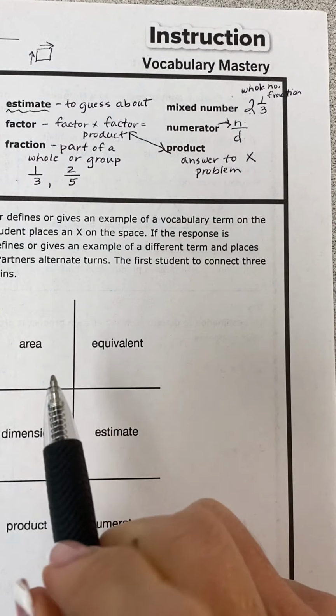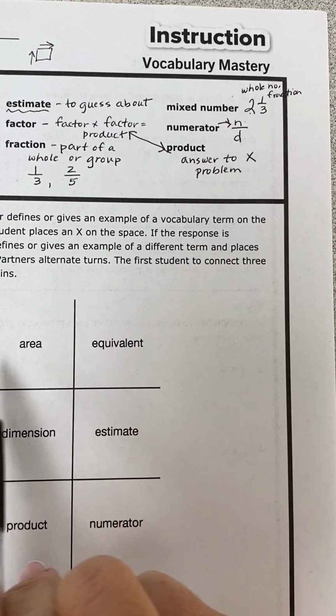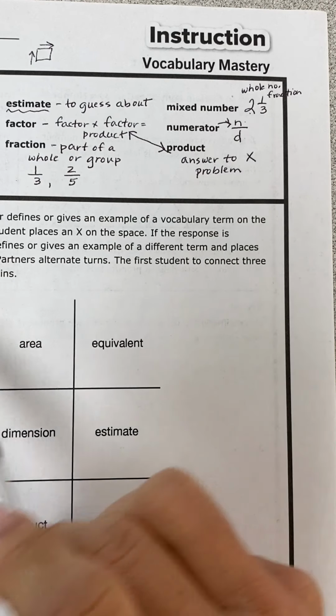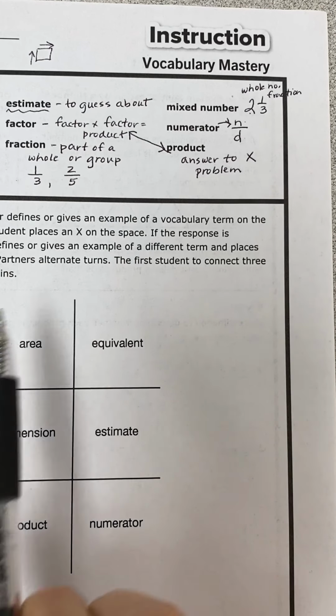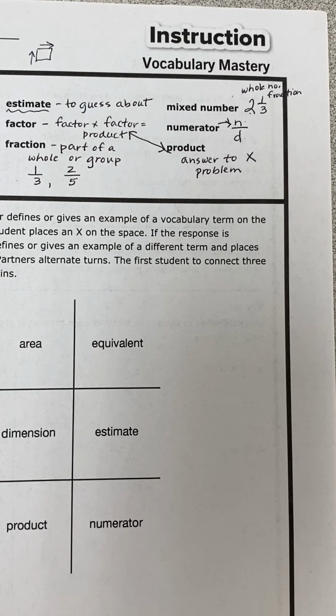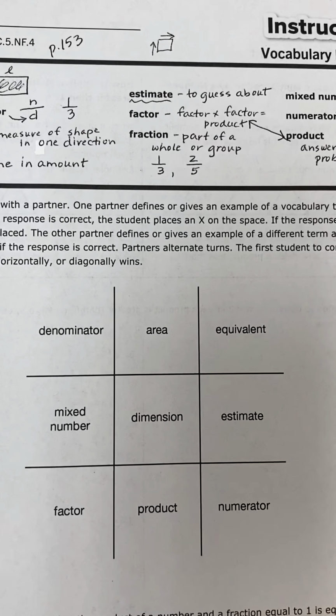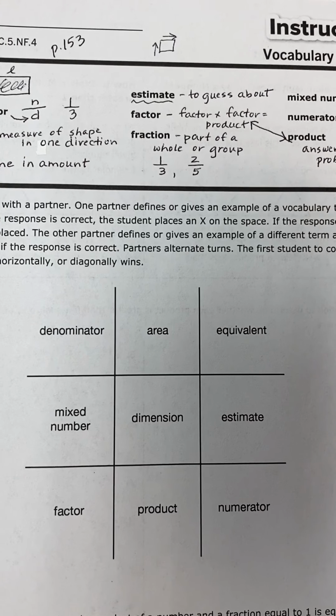All right, and then it has this tic-tac-toe game with your partner. This is totally up to you if you're at the house and you want to try to do this. You can get somebody to be your partner, or you could pretend like you're just playing against yourself. It works just like a regular tic-tac-toe game. Your partner defines, and then they give an example of the vocabulary term on the game board.